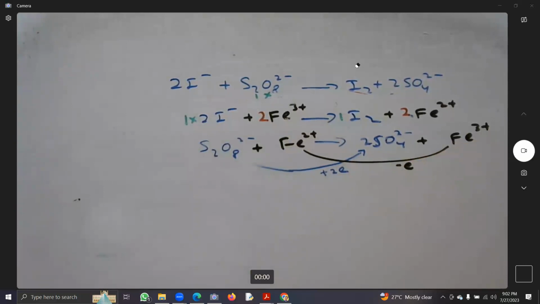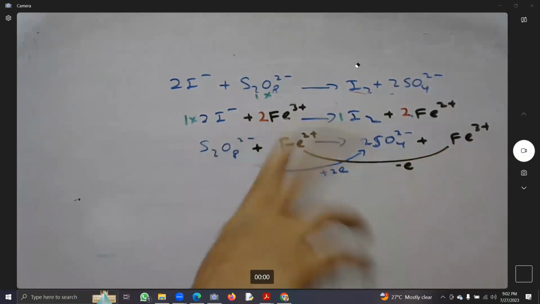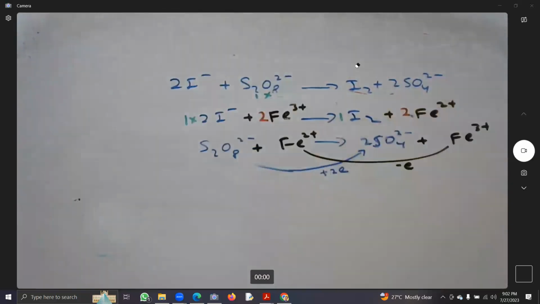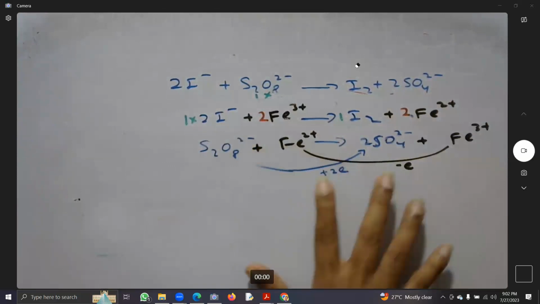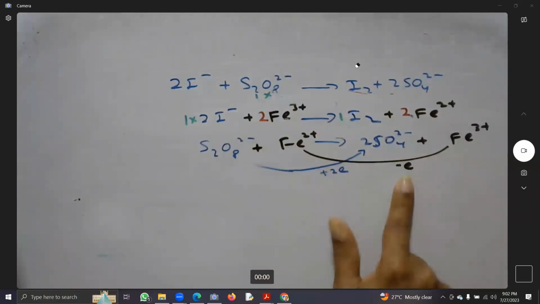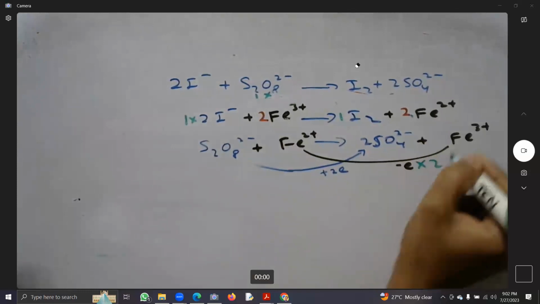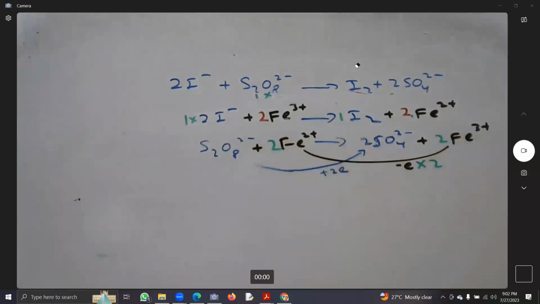Now I have to balance the electrons. Whether it is losing or gaining does not matter; I just put it there to check the order. If this is going under oxidation, the other one will go under reduction. Now, multiplication to balance the electrons: this is 2 electrons, this is 1 electron, so this fellow should be multiplied by 2. So 2 here, 2 here.